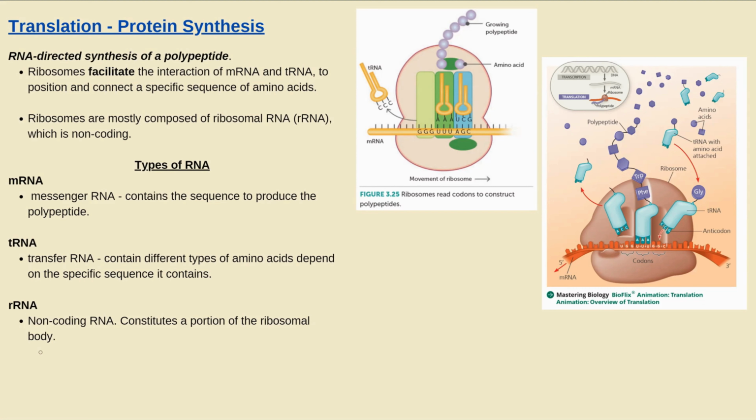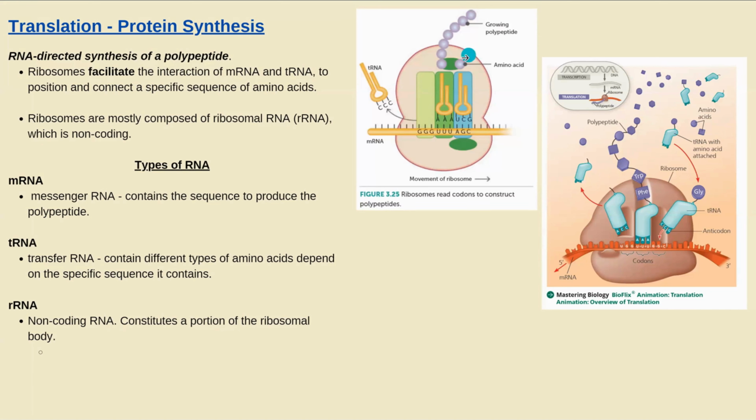So if we take a look here, this is the essential setup of how translation works. Basically, you have your ribosome, and this ribosome is reading the mRNA. As it's reading the mRNA, it's bringing tRNAs to come in and transfer an amino acid that each of them carry, in a sequence.